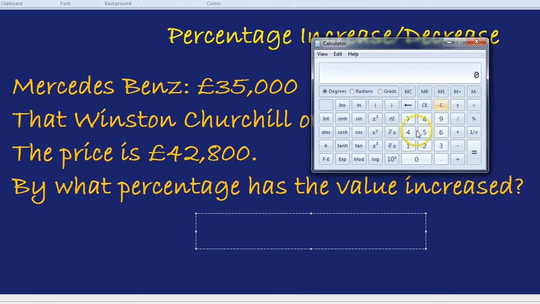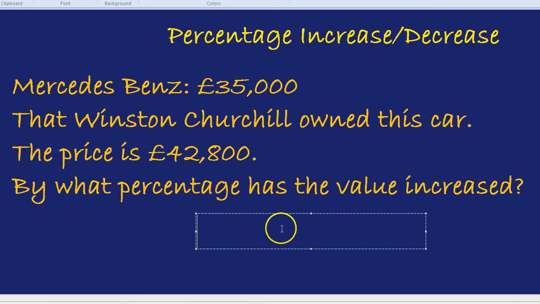To do that, we can minus them from each other to see the gap. And the gap, the increase, was 7,800. And we turn it into a fraction of the original amount.